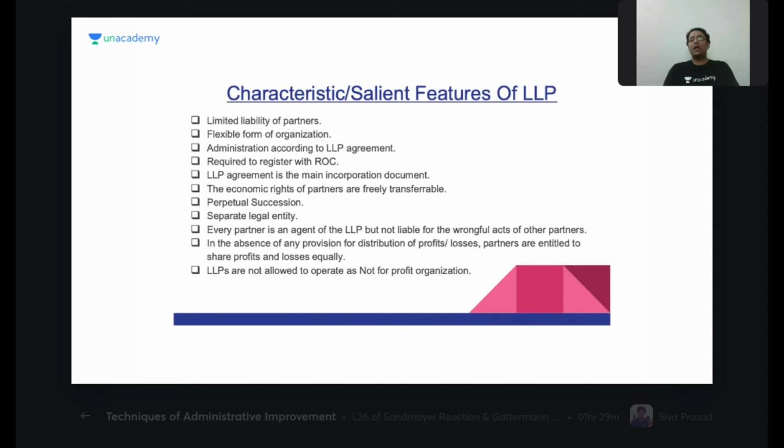Like I told you earlier, limited liability means that their liability is limited only to the extent of capital that they have committed to contribute to the firm at the time of registration of the firm. Their liability is not a single rupee more than that. So if anyone needs any explanation with limited liability, please ask me again, I will explain it. Or if it's clear, we'll move to the next one.